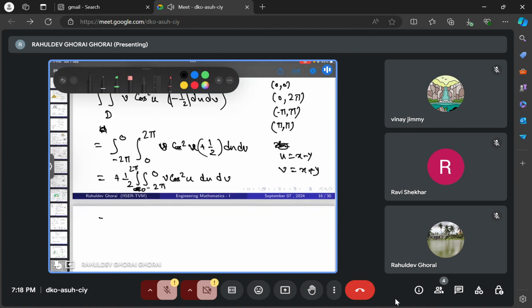Okay, and then if you take half times, you do integration minus 2 pi to 0 v times dv and 0 to 2 pi cos square u du.